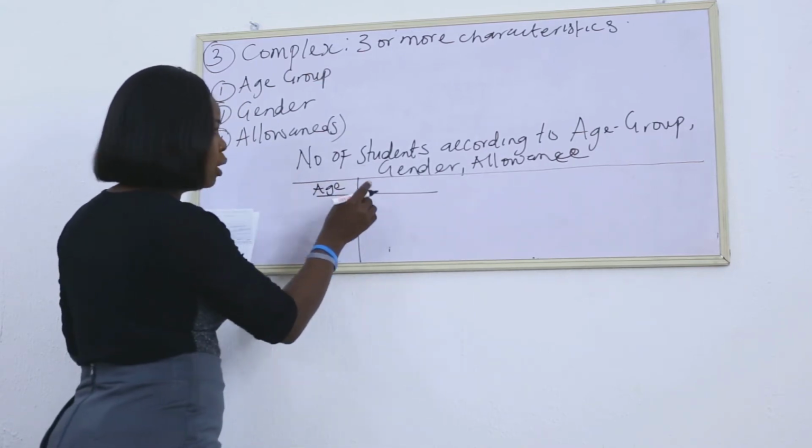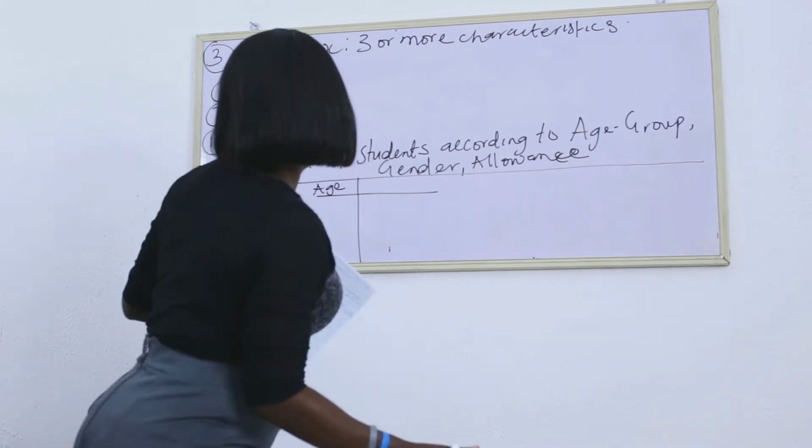For example, their ages. I want to clean so that I can draw properly.